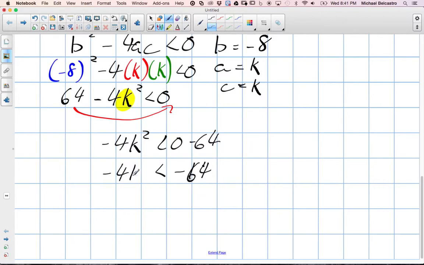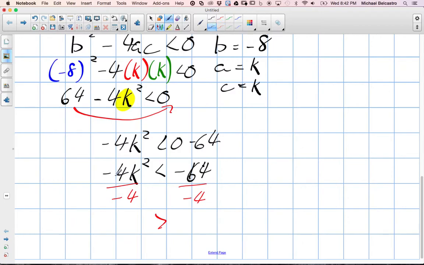Now, we need to isolate this k, so we have to divide by -4. When we divide or multiply by a negative with an inequality, we actually have to flip this sign. So it used to say less than, now it's going to say greater than.